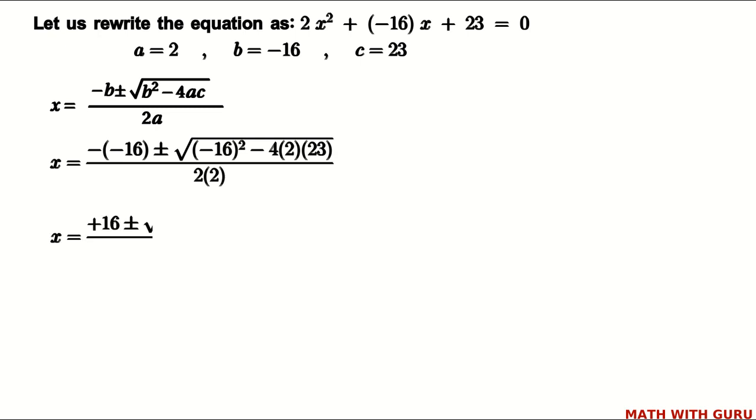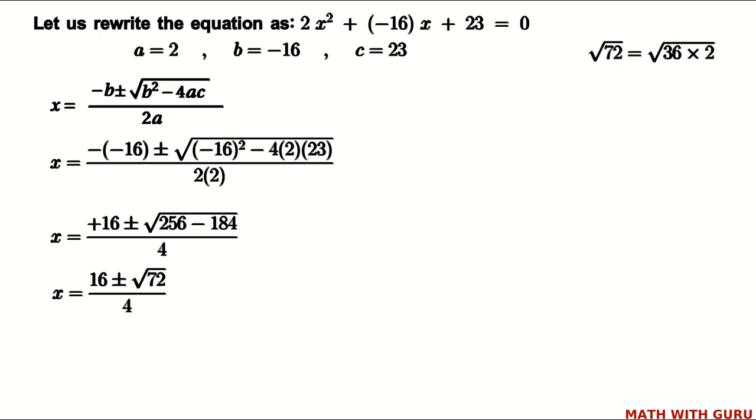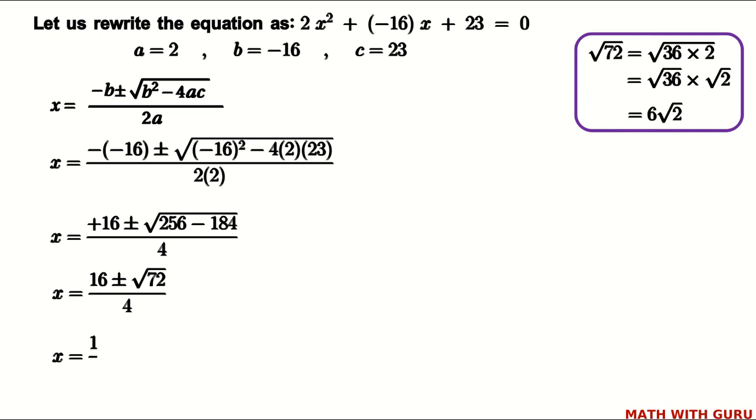We get plus 16 plus or minus root 256 minus 184 whole divided by 4. 16 plus or minus root 72 divided by 4. Root 72 can be simplified as root 36 into 2, that is root 36 into root 2 equals 6 root 2. 16 plus or minus 6 root 2 whole divided by 4.